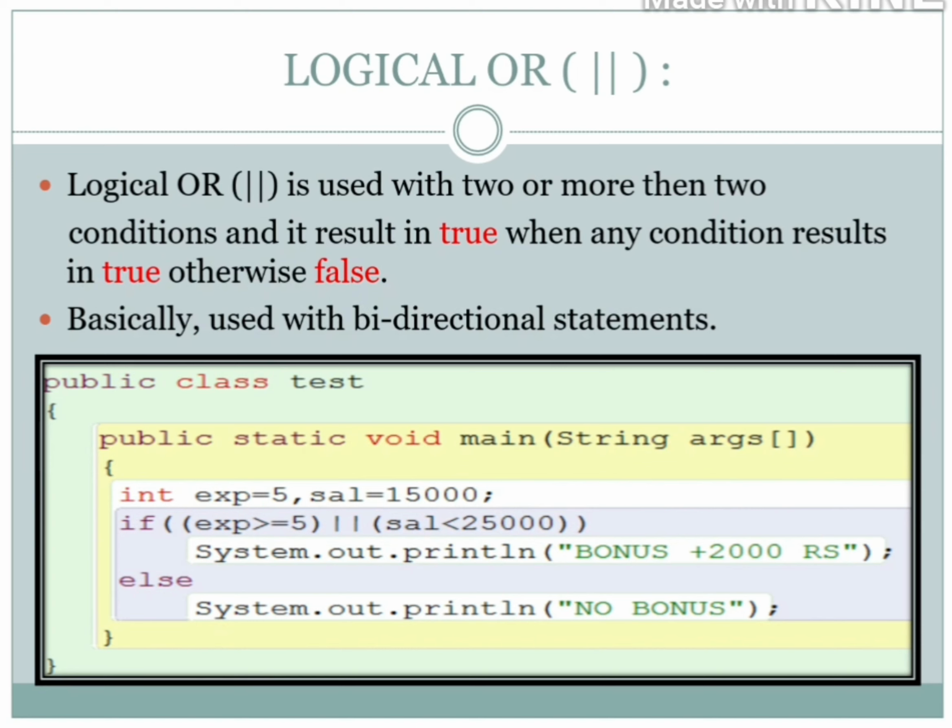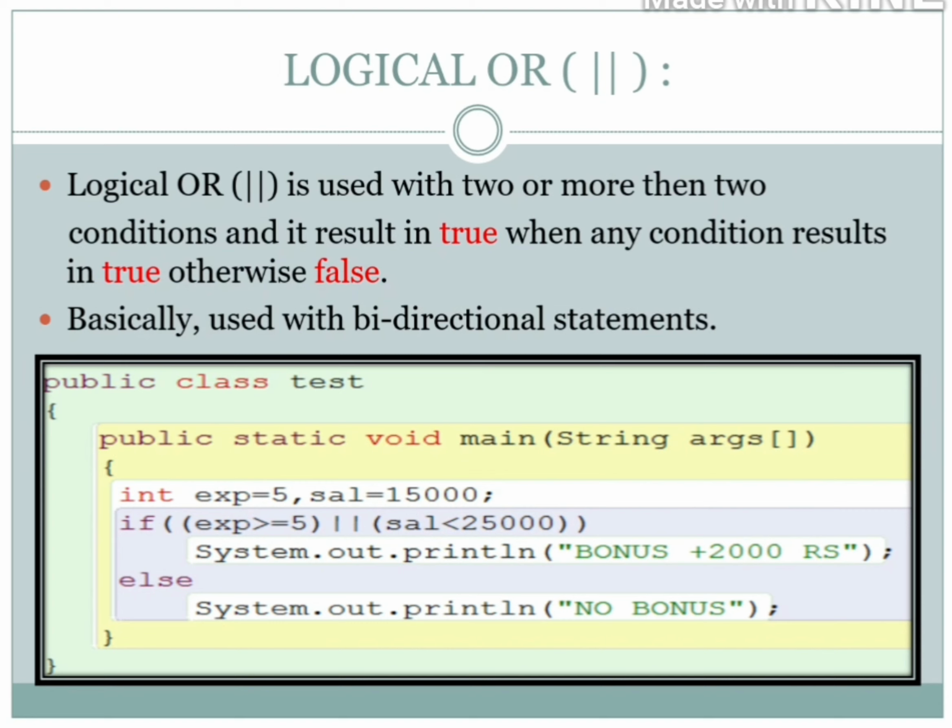And the same thing, it deals with bidirectional statements. See, if I take the example of a company, that company provides a bonus to only those employees who have experience of at least 5 years, and salary should be less than 25,000. Then what happens?